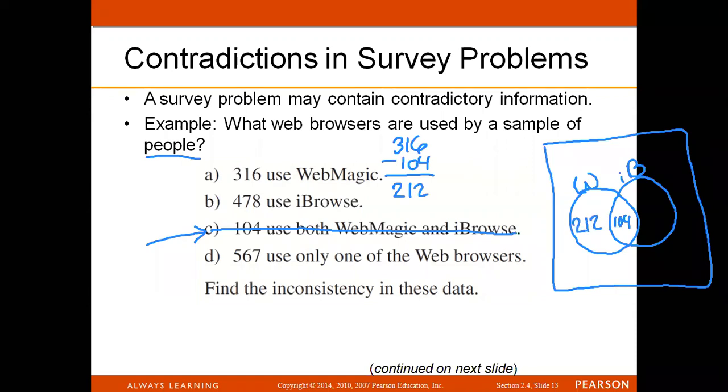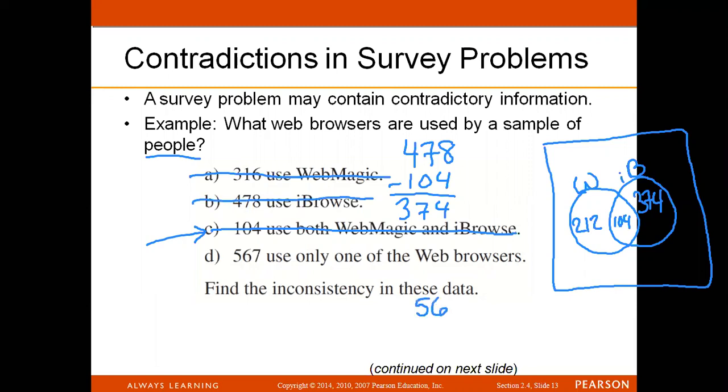We also have that 478 use Eyebrows. 478 minus the 104 in the middle is 374. And we're told 567 use only one of the web browsers. Only one.